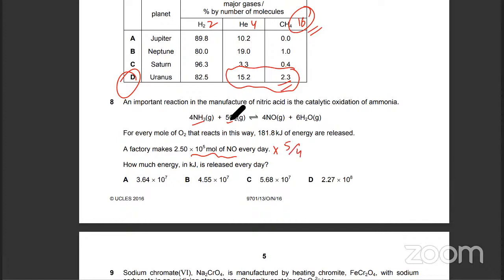Once you have the moles of O2, for one mole you know the energy is 181.8 kilojoules, so you multiply this. So the first thing is you find the moles of NO, which are already given, and using those moles you find the moles of O2. Since the ratio is 4:5, you calculate how many moles of O2, and then you know that O2 produces this much energy. Okay, so the answer is C.